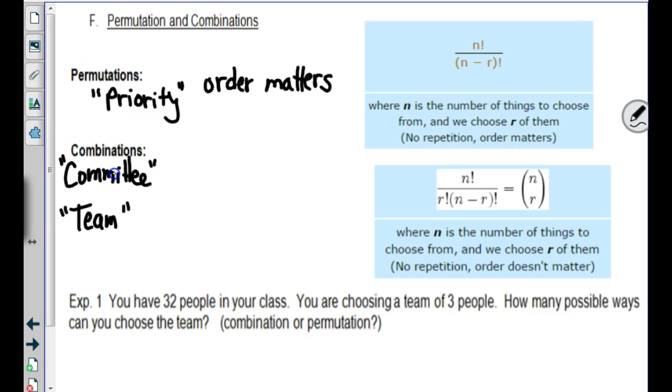If I want to line you guys up at the door, just think about this easy question. If I'm going to let you line up at the door and I'm going to count how many different ways I could do that, there's going to be a lot of different ways, right? But if I say, as a class, we are going to go in one group to the library, and I don't care about what order, then there's just one way, right? We all go.